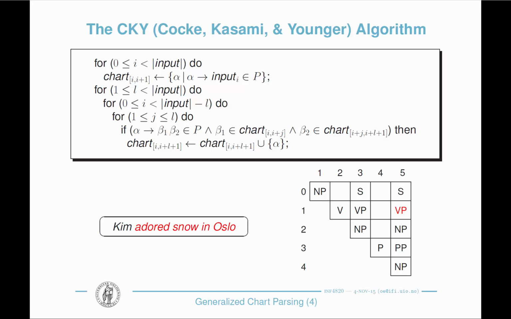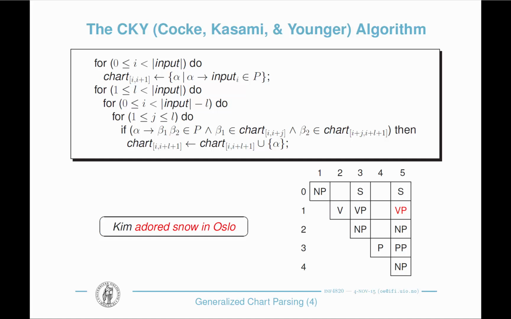And you're saying to put VP here, there are essentially two ways of combining other cells, namely which VP? 1, 2, 3. This VP? 2, 5 or 3, 5. Okay.